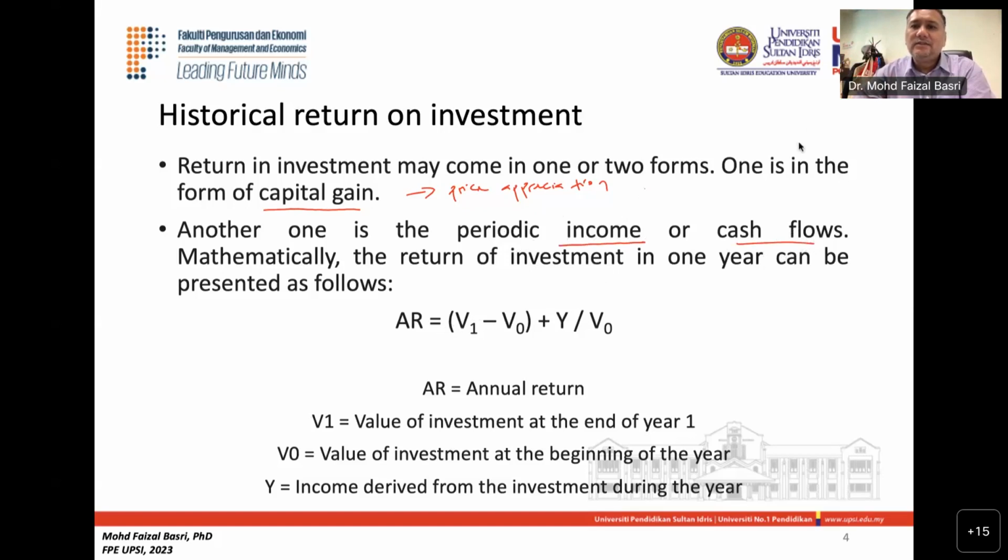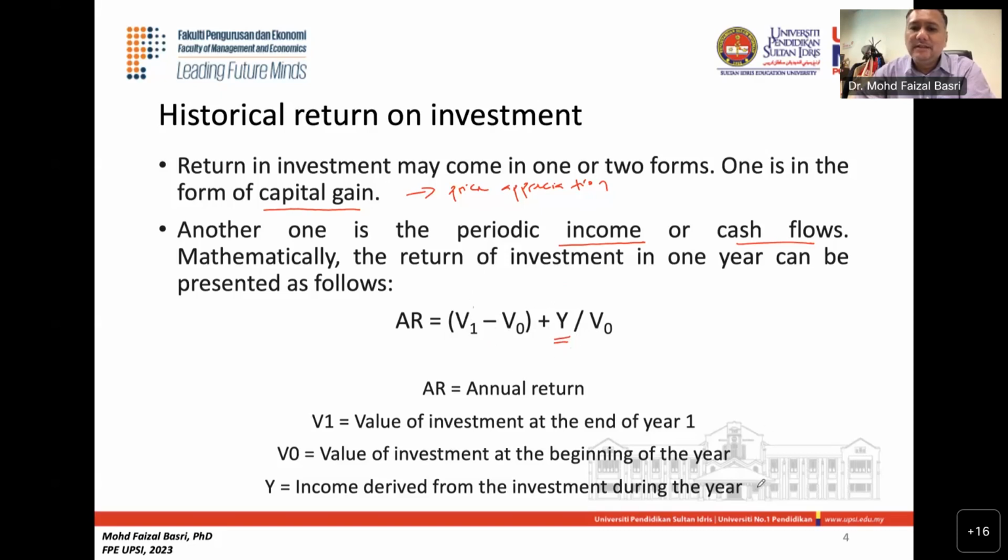We can use this simple formula. AR is the annual return. The measurement of annual return is the difference of the value of your investment, meaning the current minus the original value, plus any income return. Why is the income return?